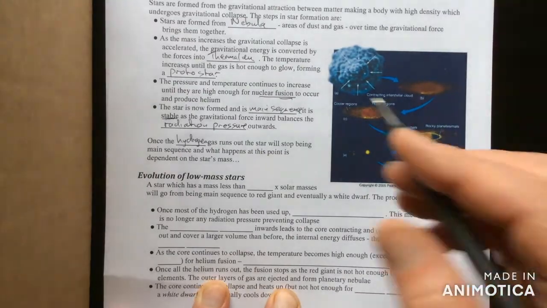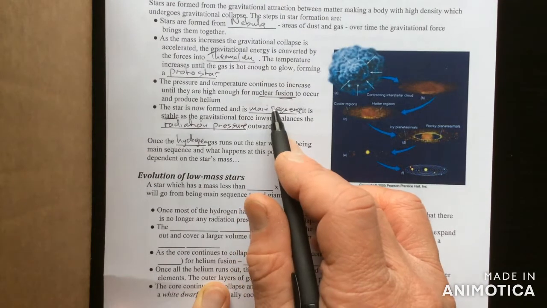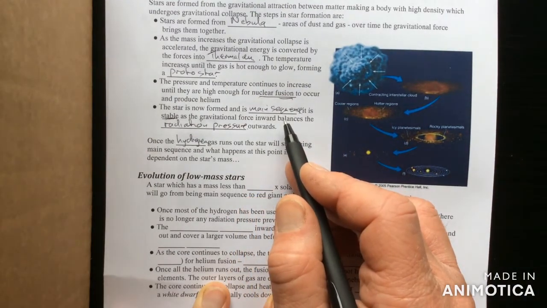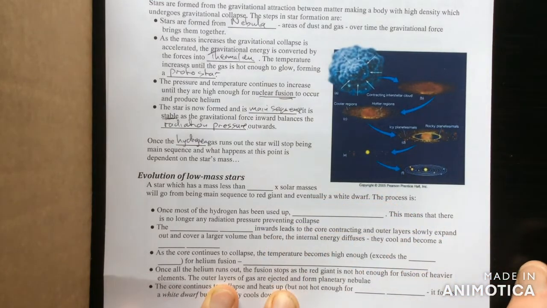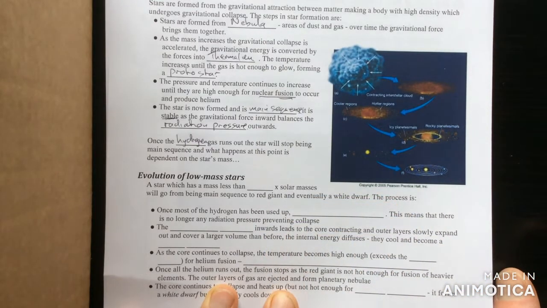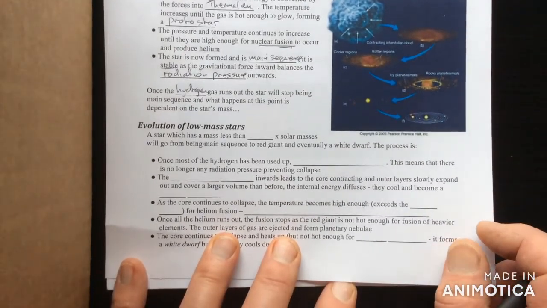You still have heat being produced, you've still got gravity, the gravitational attraction. However, depending how big or small it is, you get this difference of views, a difference of endings, shall we say, to the life of the stars.